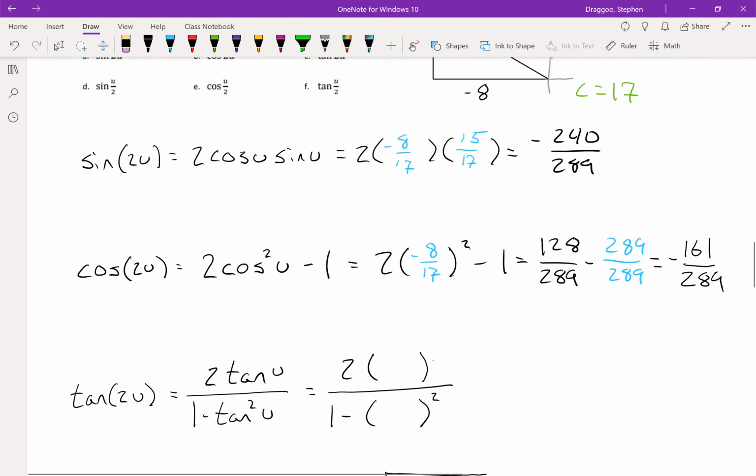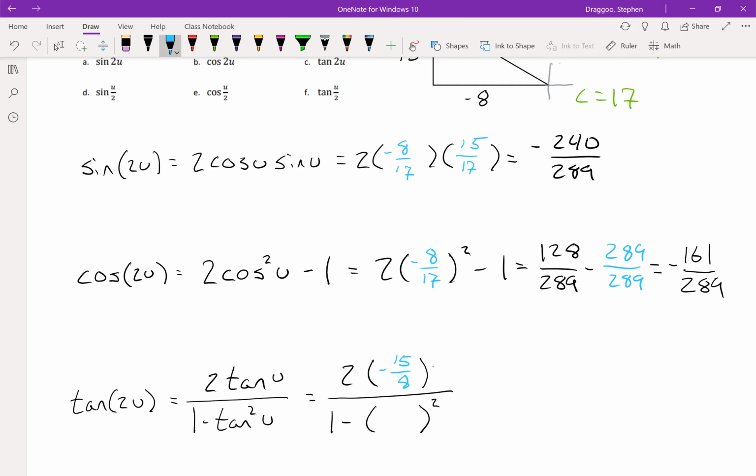All right, then for the double angle formula on tangent, plug in our tangent value, which will be negative 15 over 8, which is just the reciprocal of cotangent, which was negative 8 over 15. And get ourselves a value. This will be negative 15 over 4 divided by 1 minus 225 divided by 64.